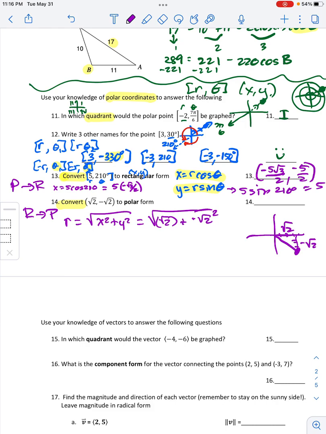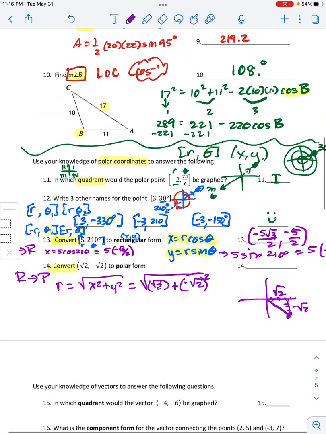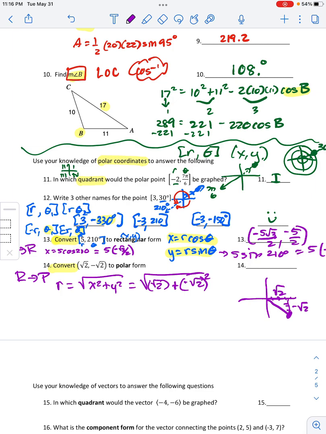Sorry, plus. When you square a square root, it just becomes that thing. So when you square the square root of 2, it becomes a 2. And same thing here, negative cancels when you square it. So I end up with the square root of 4, which is 2. So when I go to write my r, I write 2.